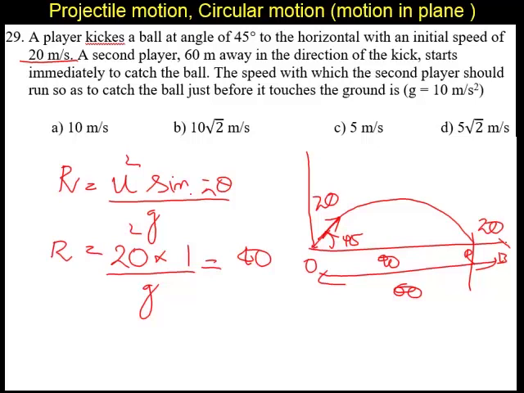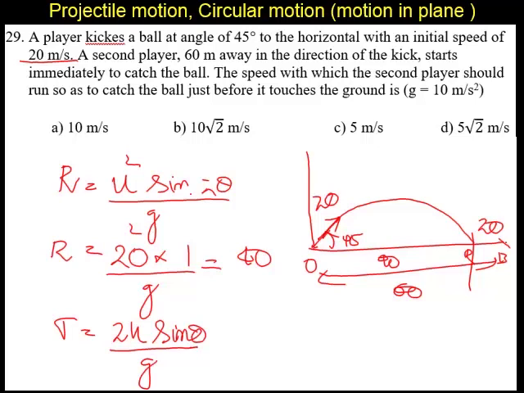So we have to calculate the time of flight, because only then can we get the correct speed. The time taken by the ball to land at the point R is the time of flight. The formula is 2u sine theta by g.